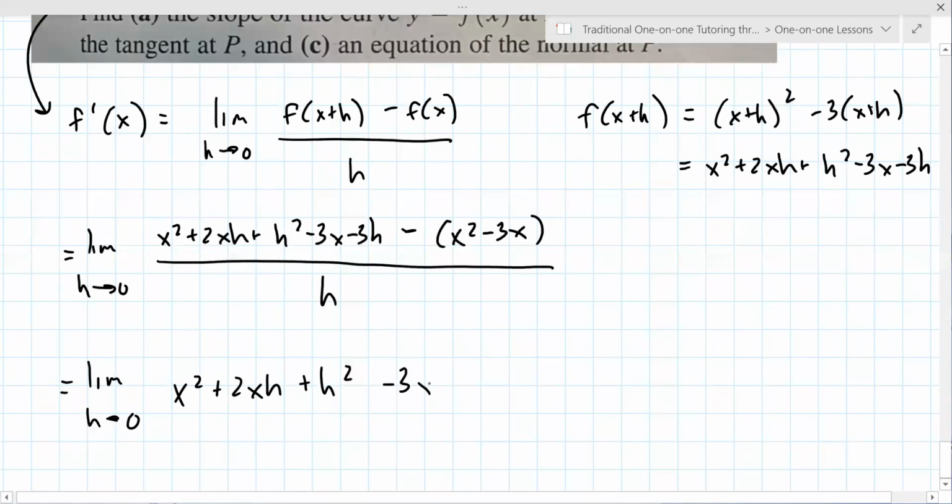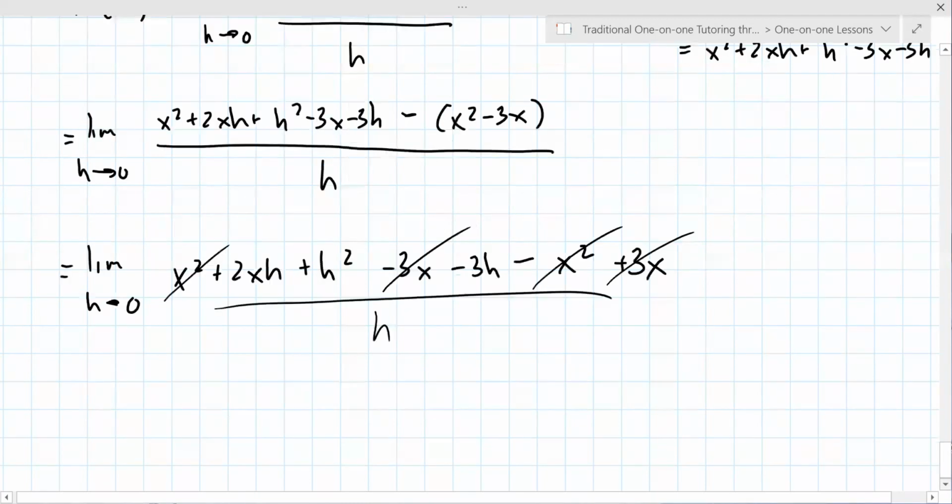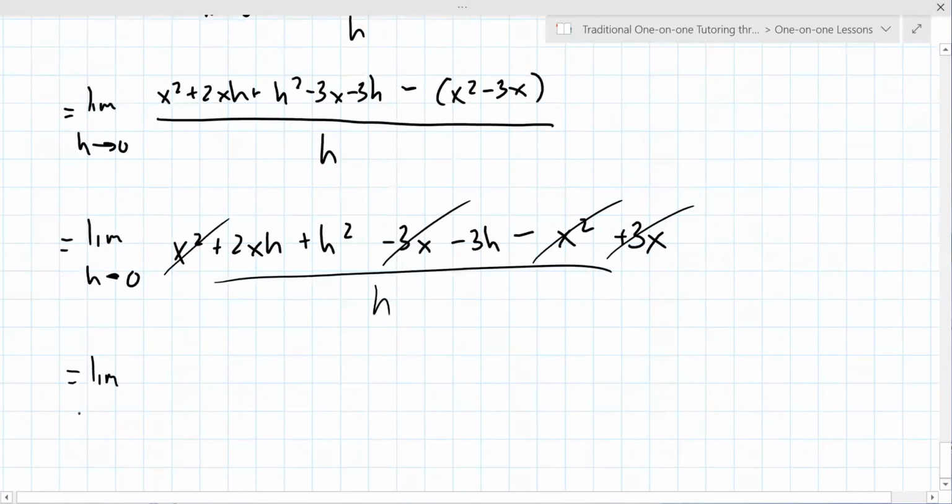The x squareds are going to cancel, and anything without an h should cancel. And then you can do the h's. So it's 2x plus h minus 3.